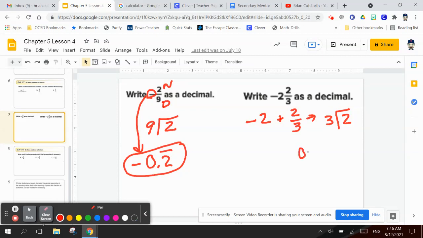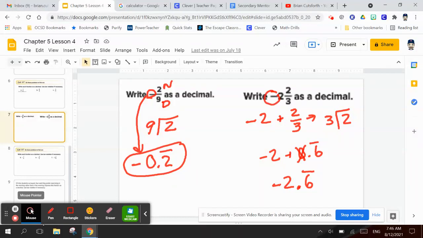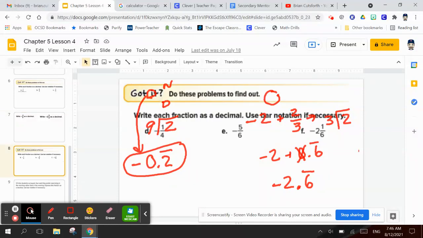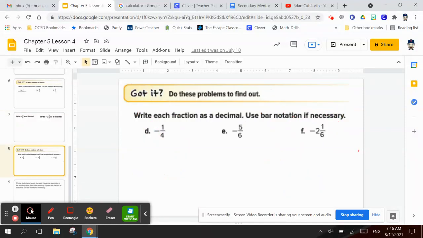So I get 0.6 repeating. And I'm going to add that to the -2. So I get -2, that's my whole number. It replaces the 0, decimal, 6, repeating. So even though it's a negative number, we do that the same way. We just add that negative sign at the end.